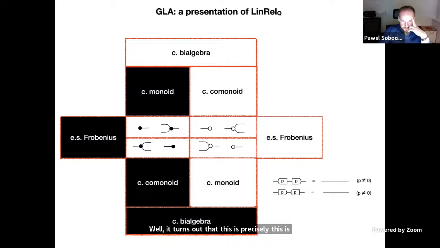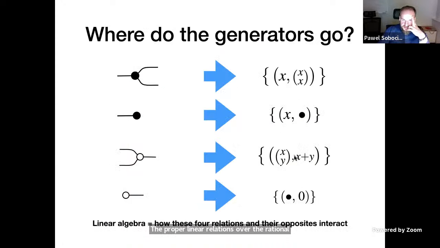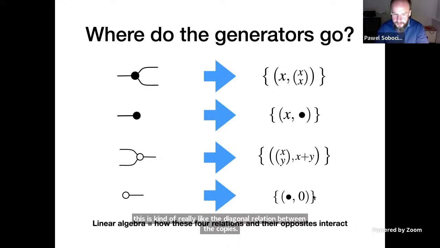A very strong correspondence. This also gives you a little bit of operational intuition for what these generators denote. This is really like the diagonal relation, the thing that copies, this is the thing that forgets, this is the thing that adds, and this is the thing that's 0.